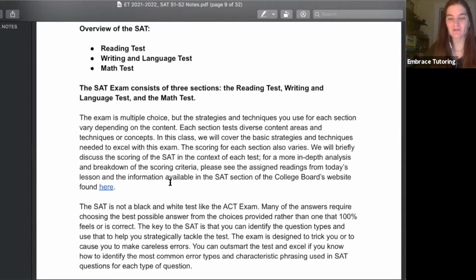So you want to set yourself up for success by practicing the testing strategies and also simulating the test as much as possible. So test environment, that means sitting in a quiet room, having a clock at the front of your room so you can keep track of time, properly timing each section and not giving yourself extra time unless you're scheduled to take a test that deliberately gives you extra time.